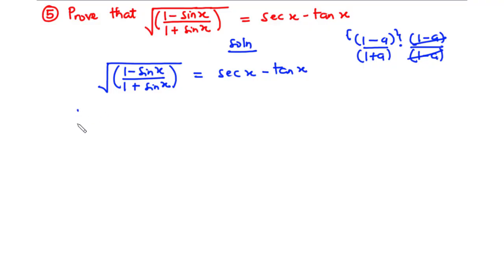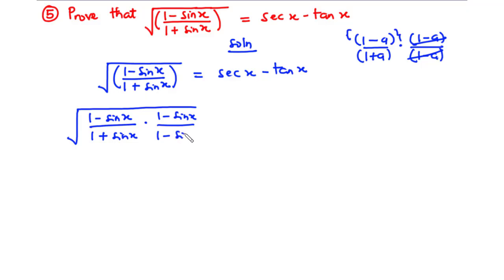So we have the square root of 1 minus sin x divided by 1 plus sin x times 1 minus sin x over 1 minus sin x, and that is equal to the expression on the right hand side.